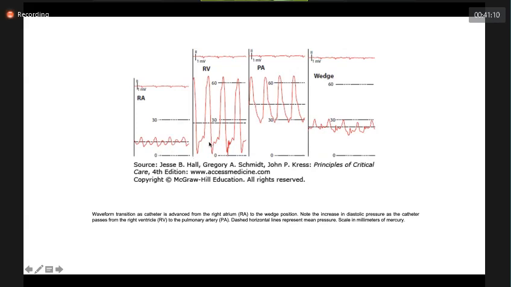As you see, the diastolic pressure of the pulmonary artery will always be slightly higher than the end-diastolic pressure of the right ventricle, and wedge pressures will be slightly lower, in order to have proper circulation and prevent regurgitation across the semilunar valves, which you all know. We are going to discuss all those things and how we get the various pressures.